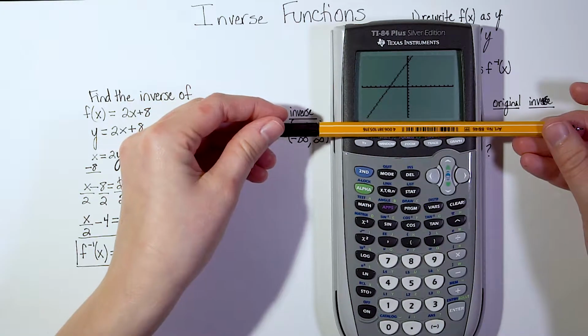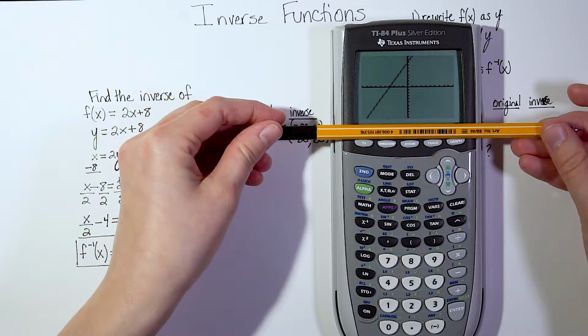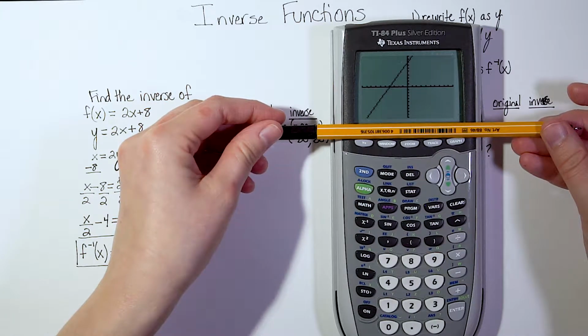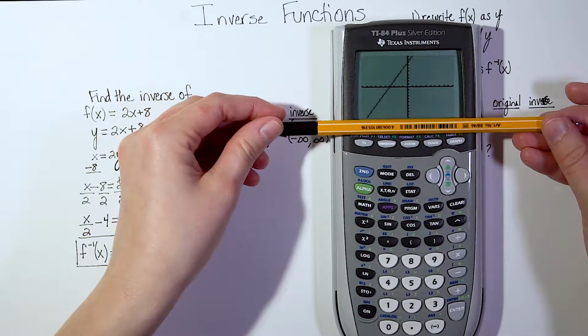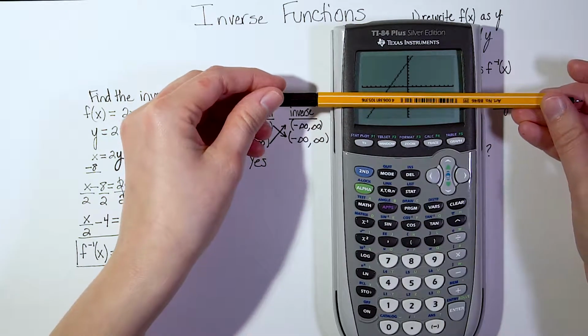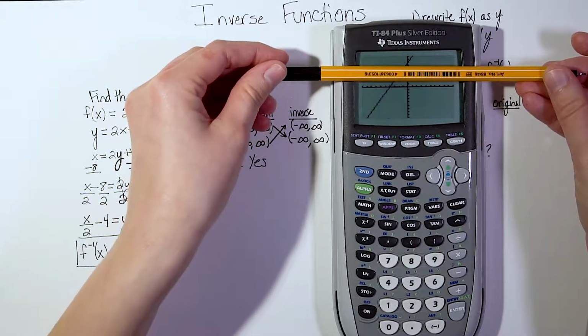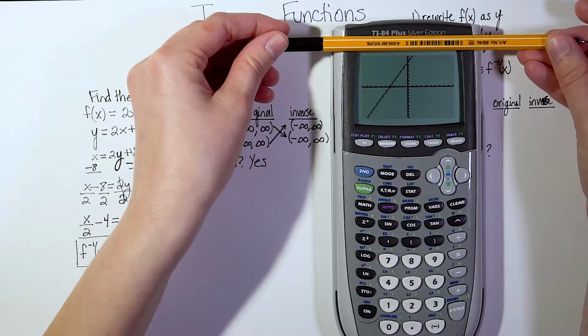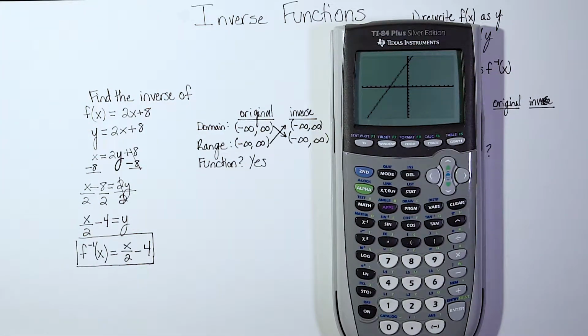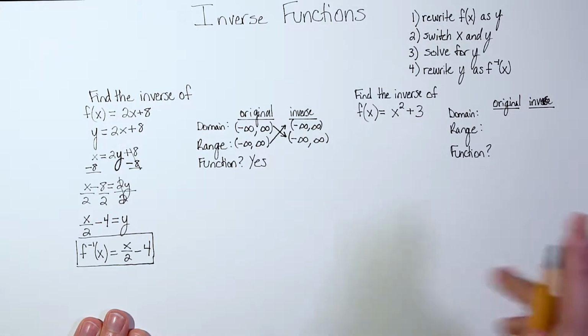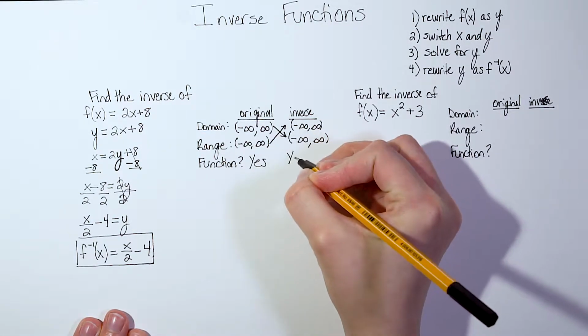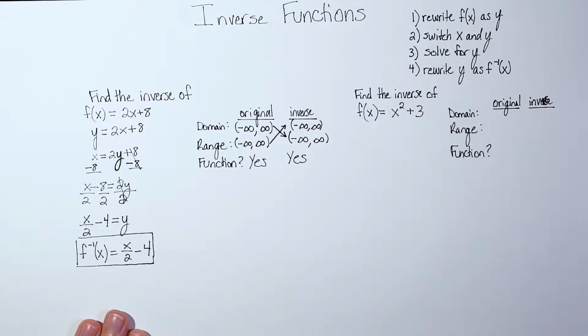We're asking the question, would it hit the pencil more than once at a time? So when we do this horizontal line test, does it ever pass the pencil more than once at a time? No, it doesn't. It passes the horizontal line test, and therefore the inverse is also a function.